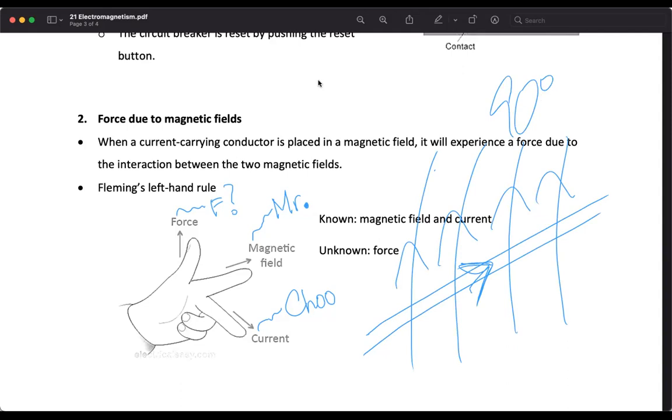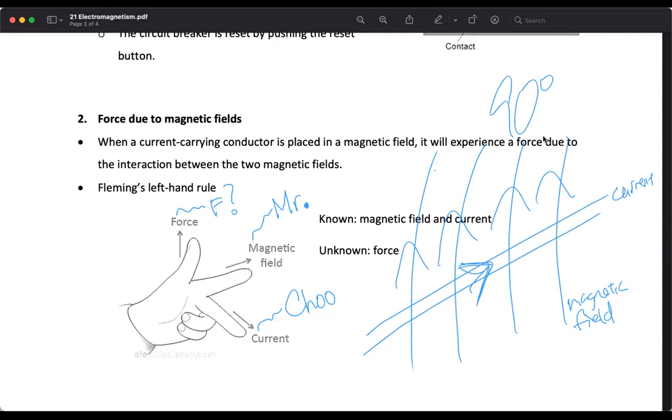This is your current. This is your magnetic field. When you have a current and a magnetic field intercrossing together, it will result in a force.